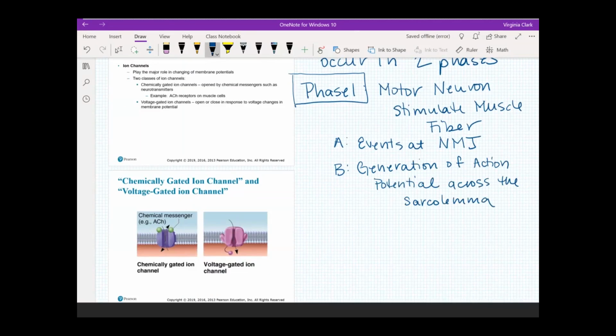That's going to happen because there's going to be part 1, which is events at the neuromuscular junction, and part 2, an action potential all the way down the plasma membrane, otherwise known as the sarcolemma. And then phase 2 of a skeletal muscle contraction will be excitation contraction.